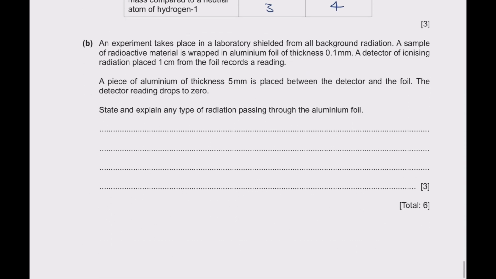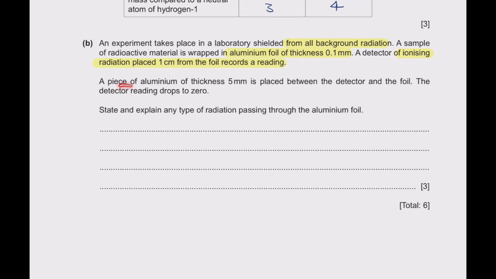Okay, now the last part. An experiment takes place in a laboratory shielded from all background radiation. It is shielded from all background radiation, it is mentioned here in this part. A sample of radioactive material is wrapped in aluminum foil of this thickness. A detector of ionizing radiation placed 1 centimeter from the foil records a reading.